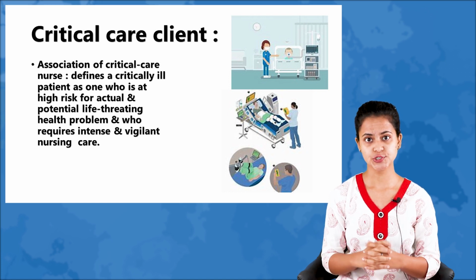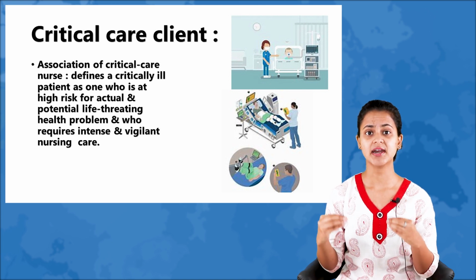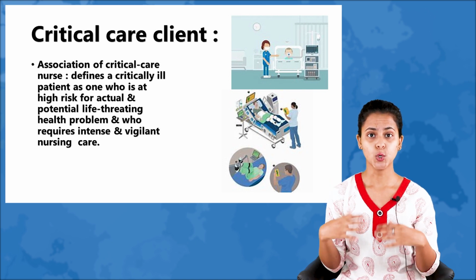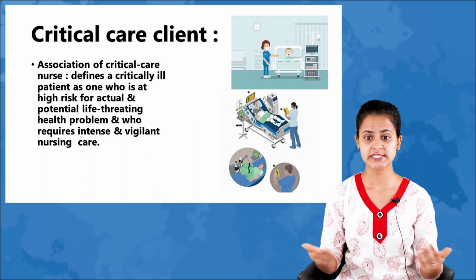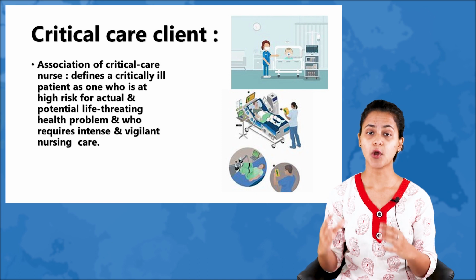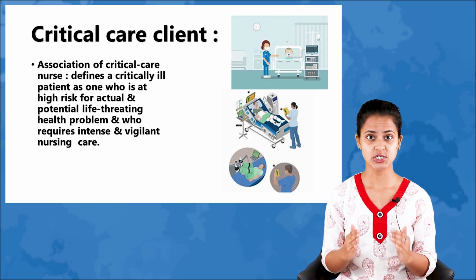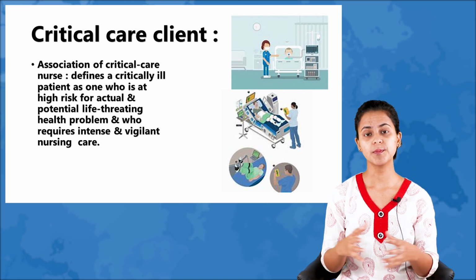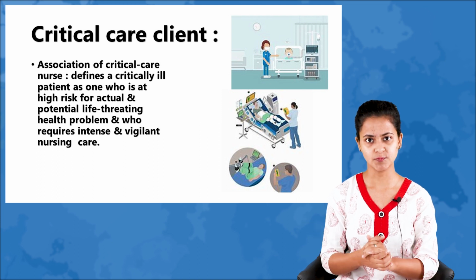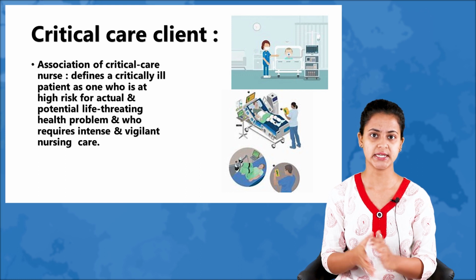The Association of Critical Care Nurses has defined the critical care client as a critically ill patient who is at high risk for actual or potential life-threatening health problems and who requires intense and vigilant continuous monitoring. I hope you are completely clear that critically ill patients will always have a potential or actual life threatening condition.